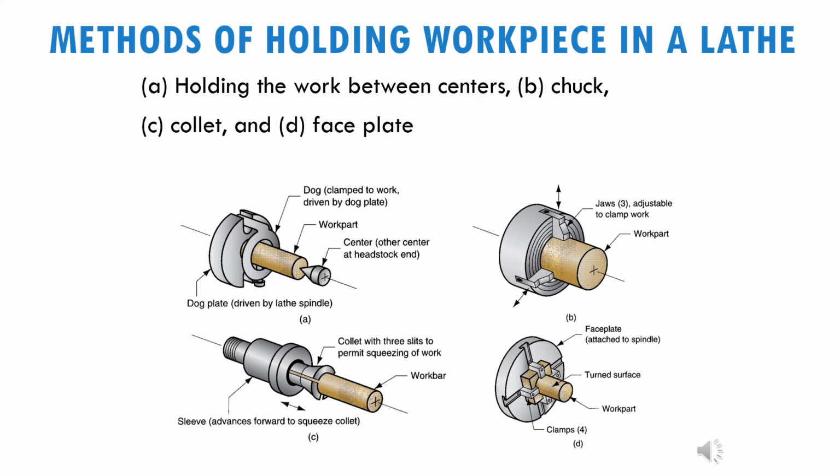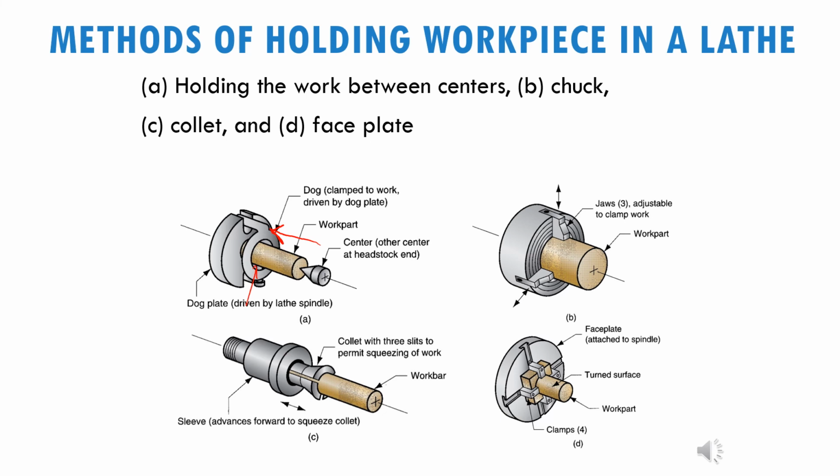Okay, so if you put the work material inside here on the dog and also dog plate, and then you push the work material inside, it will create the friction between the cutting tool and also the dog here, so then it can place the workpiece inside the dog and dog plate.